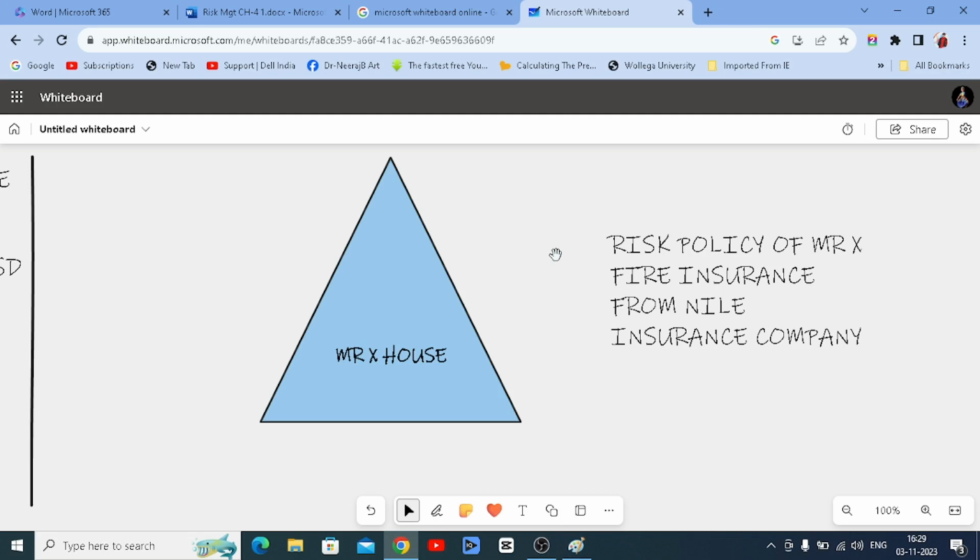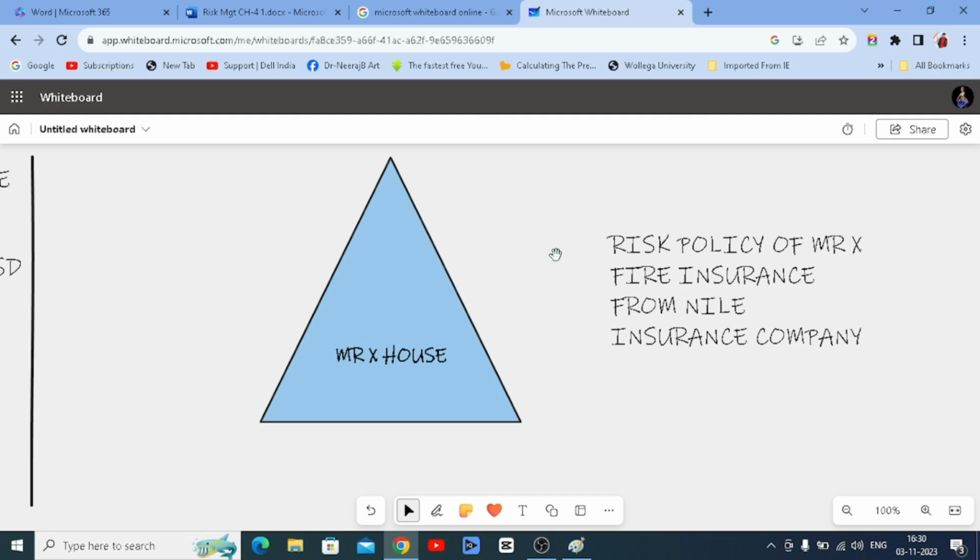No. The main cause is the earthquake. So earthquake is the proximate cause of this particular loss. Is earthquake covered in this policy? It is not covered. So Nile Insurance Company can deny this claim, saying that the proximate cause is not fire. The fire happened because of some other reason, not because of the natural reasons.